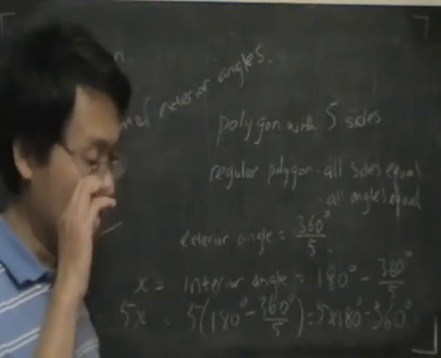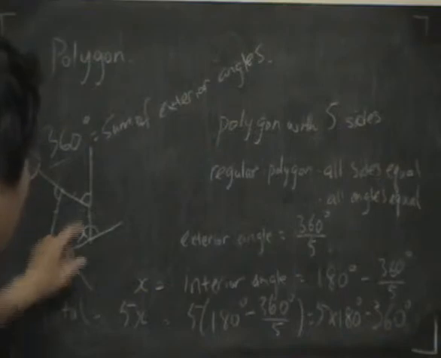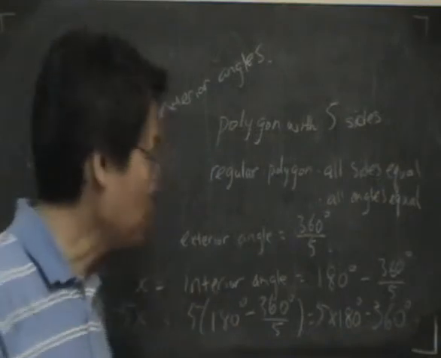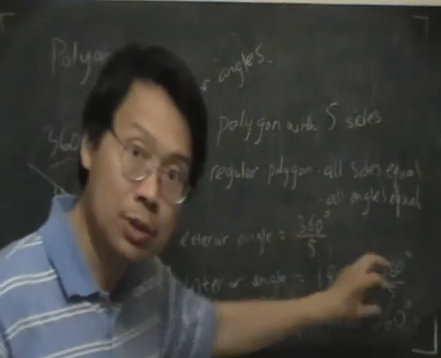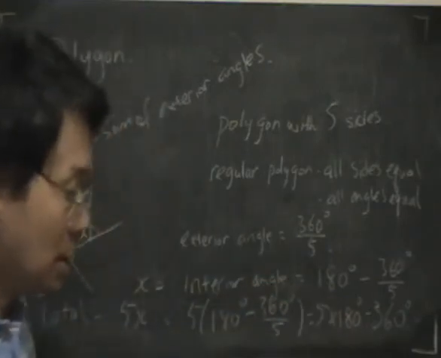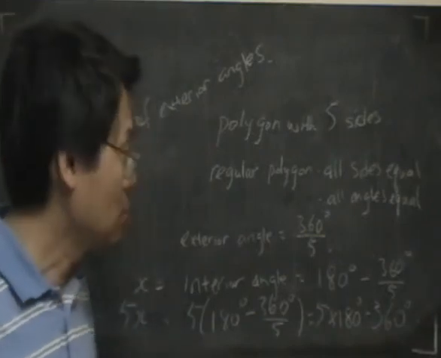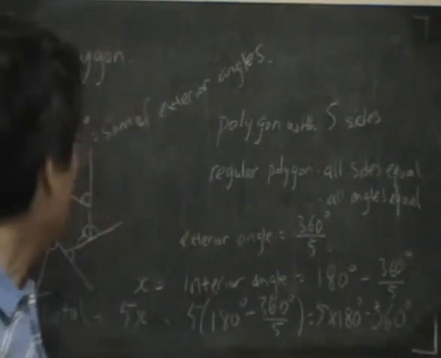Suppose now that instead of 5 sides, I have 6 sides. So imagine that you repeat all the steps to find the total interior angle. What would you do differently?